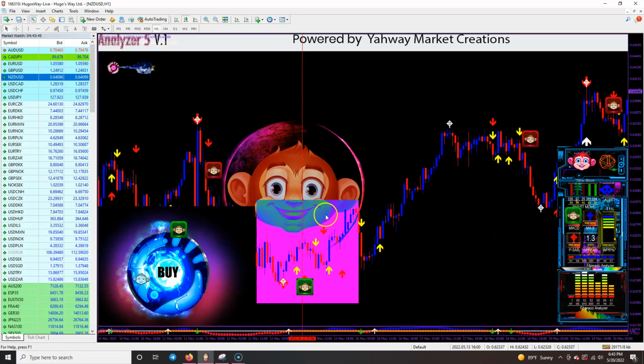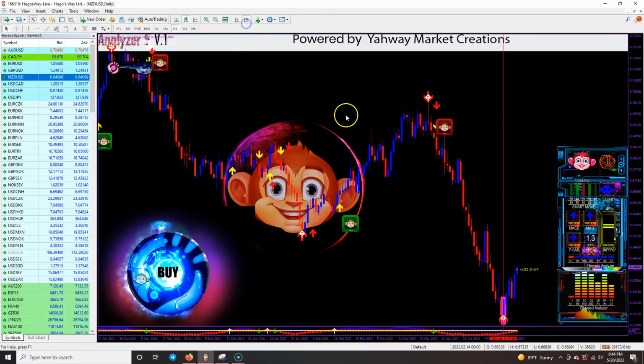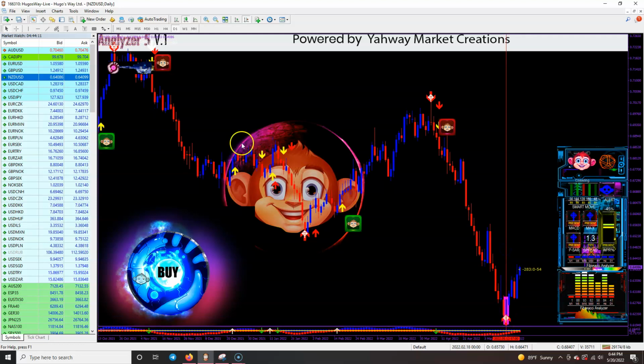So once you have these indicators signaling the same, and also confluence with the daily, even the daily says buy, this is blue, blue, blue, blue. It's all telling us to buy, then we would buy here. And that means you would buy from here all the way to here, which is about 230 pips, give or take.